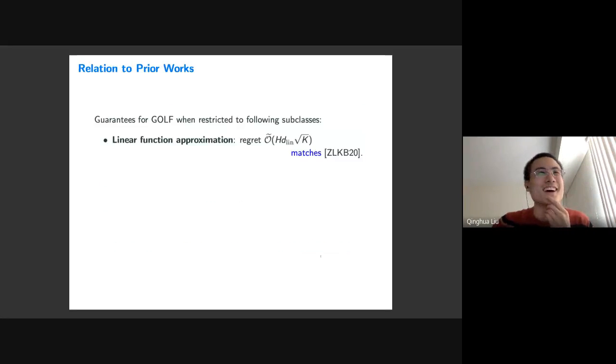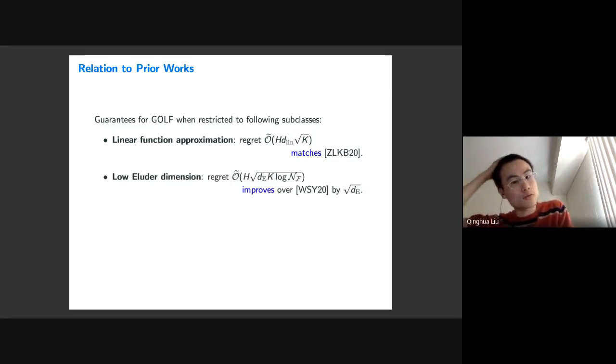And to show the sharpness of our results, we specialize the sample complexity and regret guarantees to the following subclasses. In the linear function approximation setting, we have regret D times root K, where D is the dimension of the linear function class. This matches the optimal regret in Zanette et al. 2020.